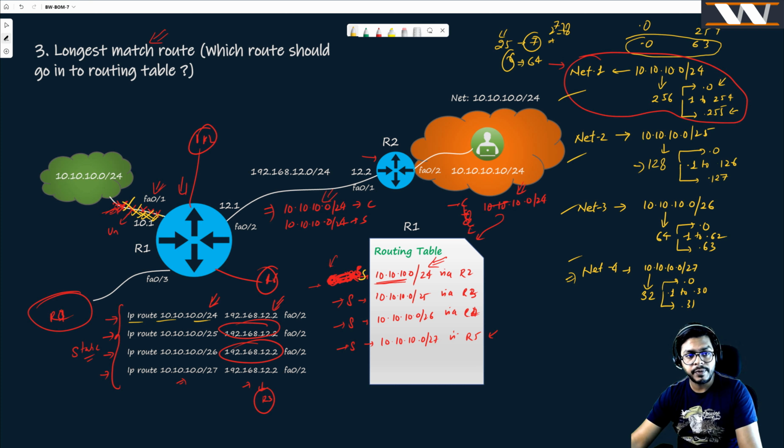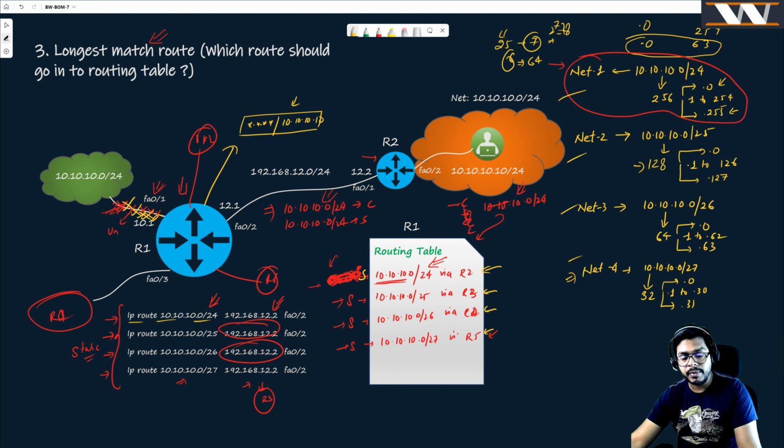Now the question arises, if a packet comes over this router, right? This one. And the destination of the packet is say 10.10.10.10. The source is x.x.x.x. Say which routing entry is going to be selected to move this, because the next hop in every case is different, right?